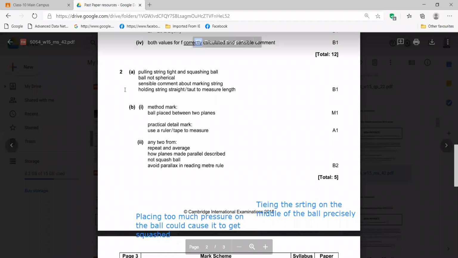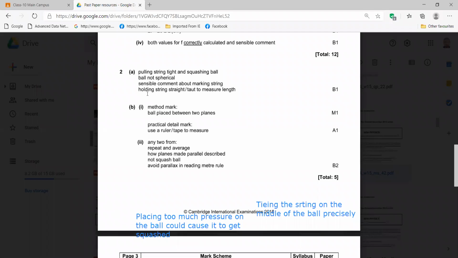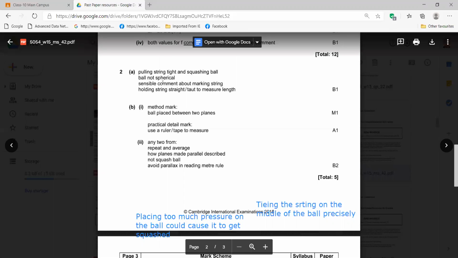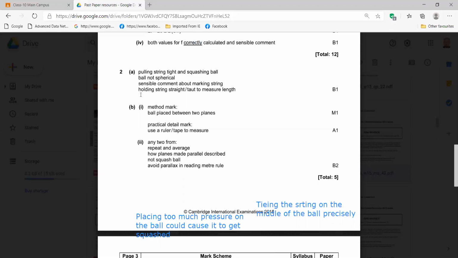Then what you said, Adnan: sensible comment about marking string. Then another one is here, ball not spherical.